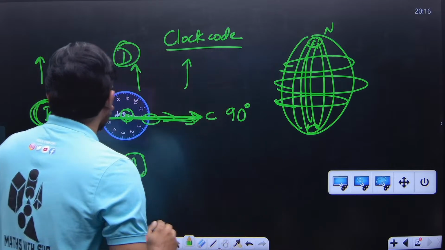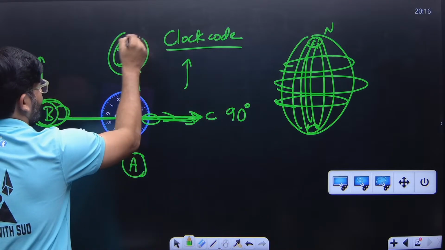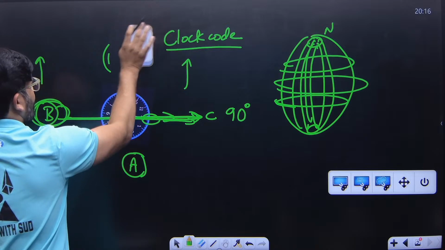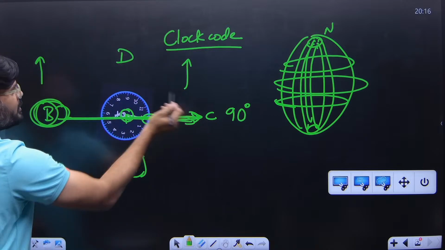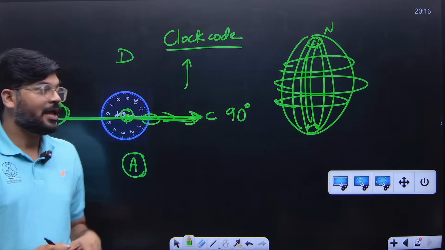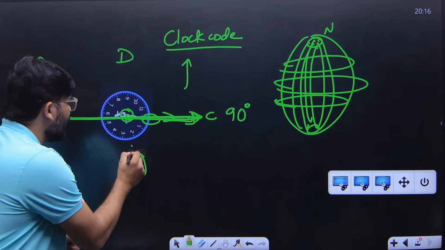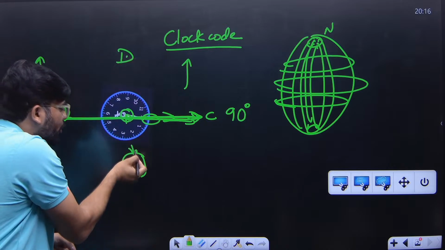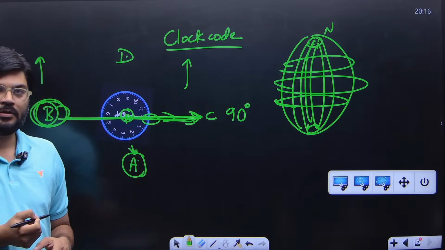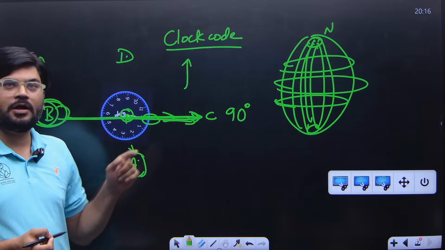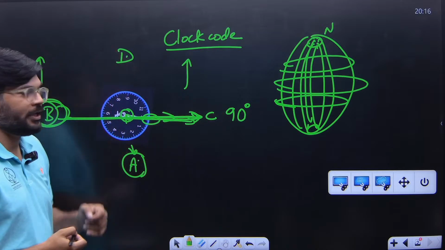Okay. With respect to D, what will be the clock code for C? Tell me. With respect to D, talking to A. Suppose D is talking to A. What is the clock code of this C with respect to D?